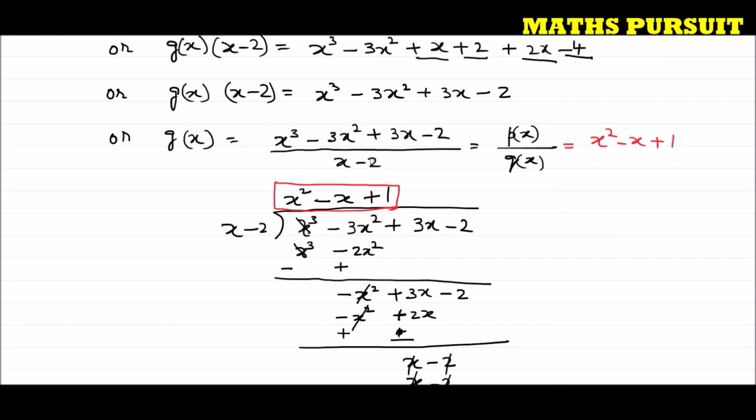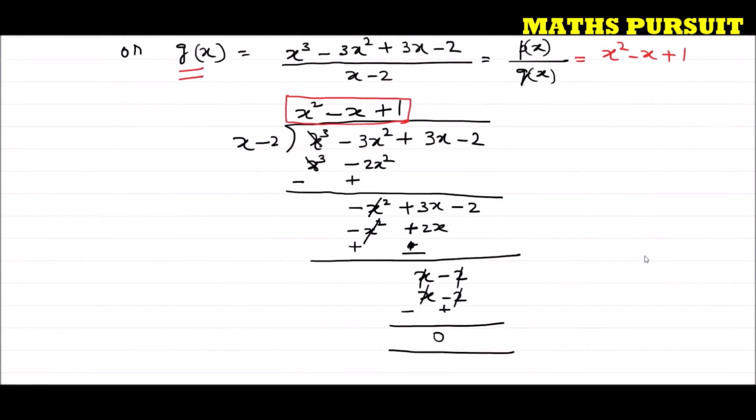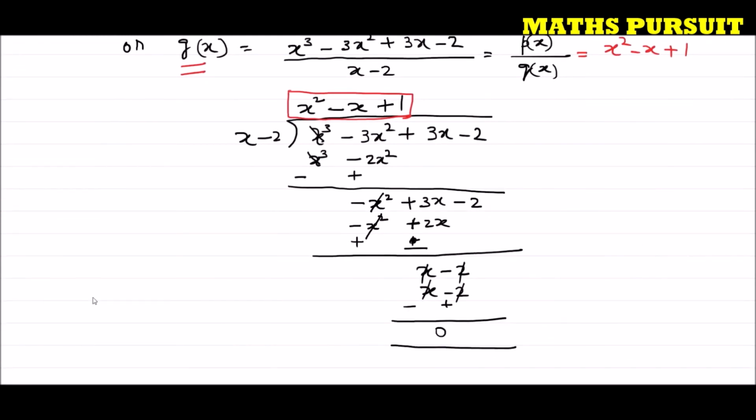Now this result is for gx. So we can easily write that gx is equal to x to the power 2 minus x plus 1.